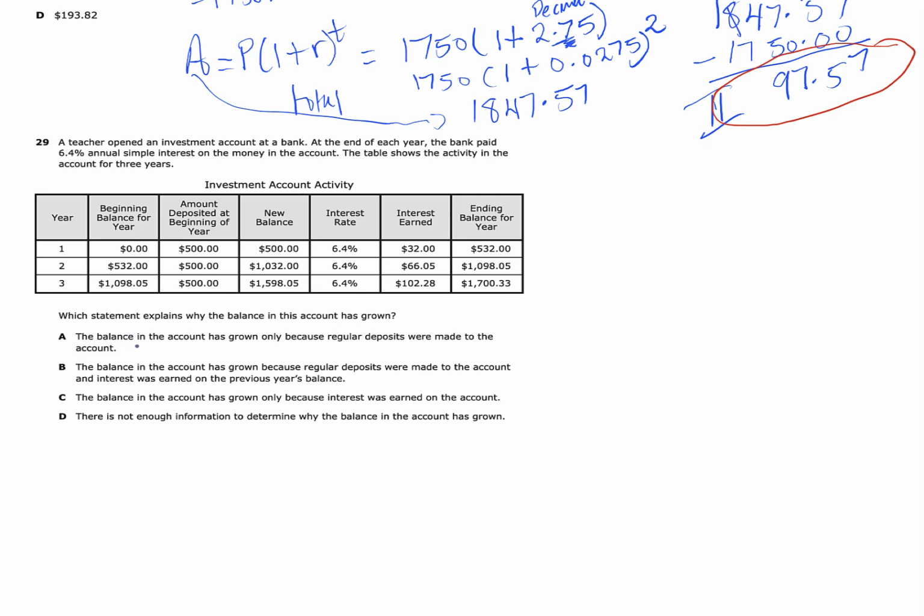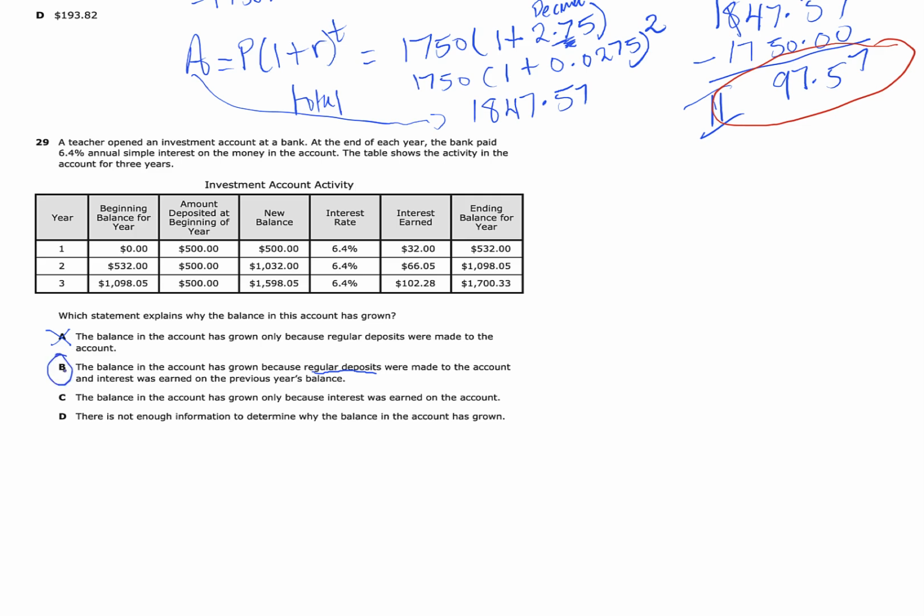A says the balance in the account has grown only because regular deposits were made to the account. That is false. You can make regular deposits, but there's an interest rate. B says the balance in the account has grown because regular deposits were made to the account, and interest was earned on the previous year's balance.